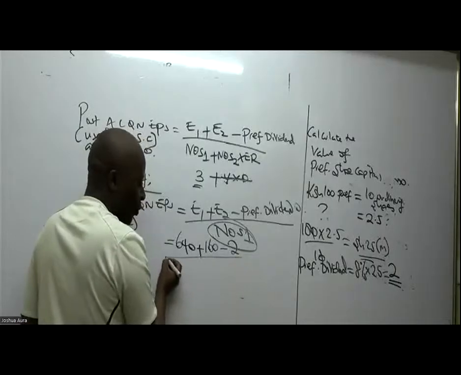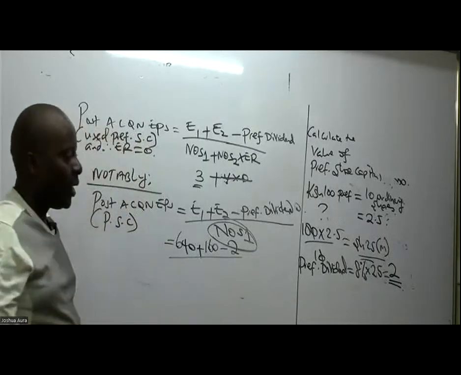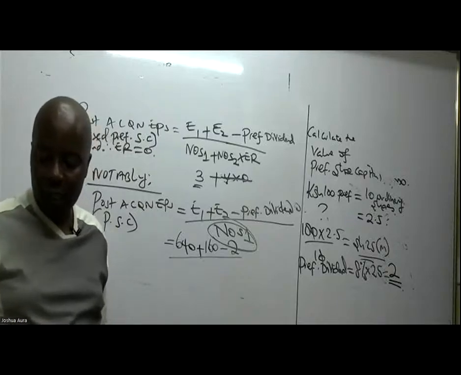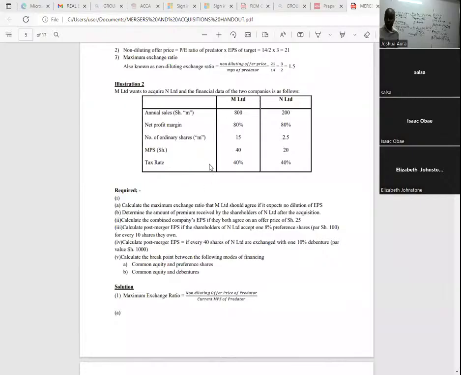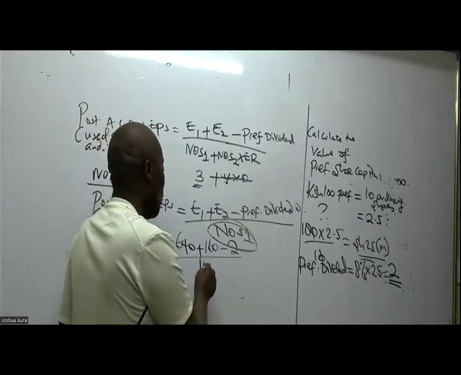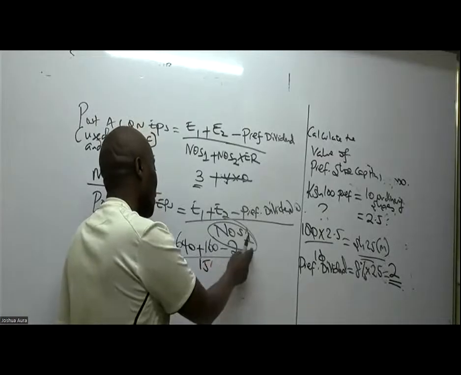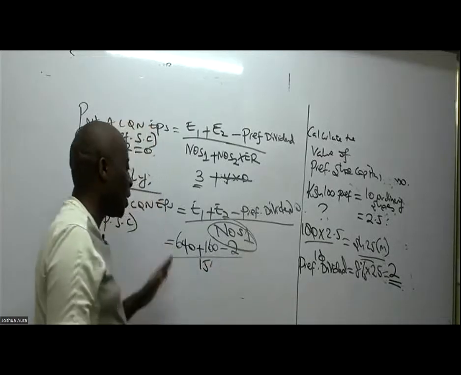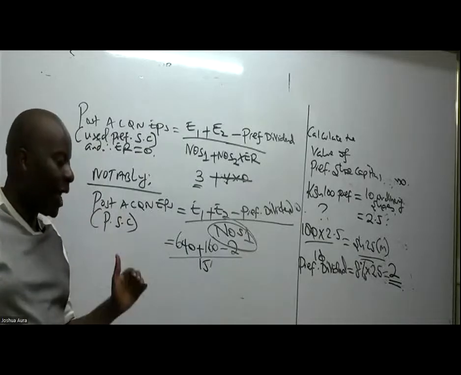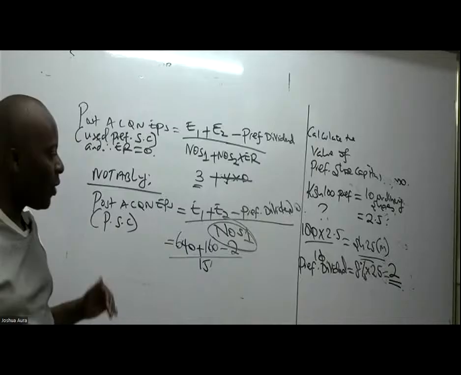How about the number of ordinary shares of the first company, which is company M? You guys are giving me a figure of 15. So divided by 15. Here you have to go slowly. First of all, get the numerator: 640 plus 160 is 800, minus 2 is 798.